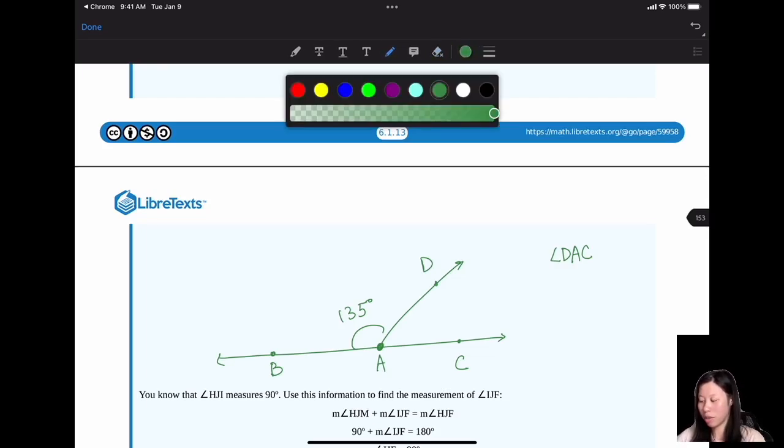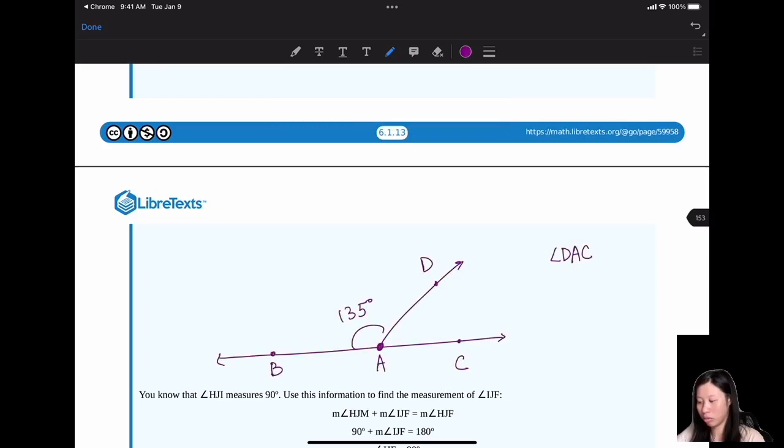From the graph, you may see that the whole straight angle BAC was formed by two small angles. One is 135 degrees, the other one is DAC. So we can say the angle DAC equals the straight angle, which is BAC, minus the smaller angle, which is BAD.